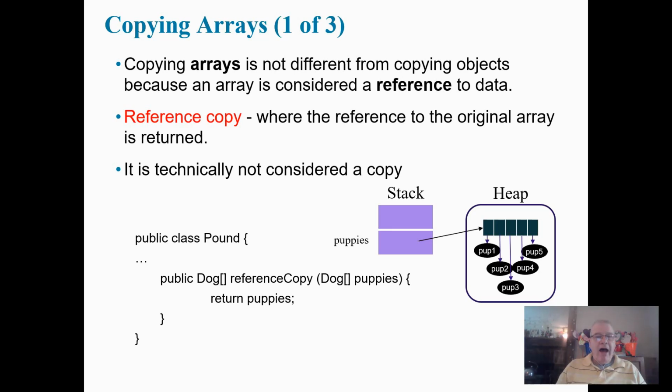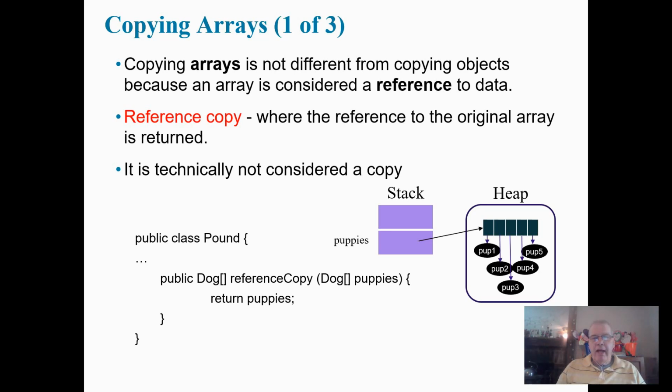Notice that puppies is outside the stack because the name of the variable, the name puppies, doesn't actually get into the machine code of the program. The JDK, the JVM, keeps track of the variables.